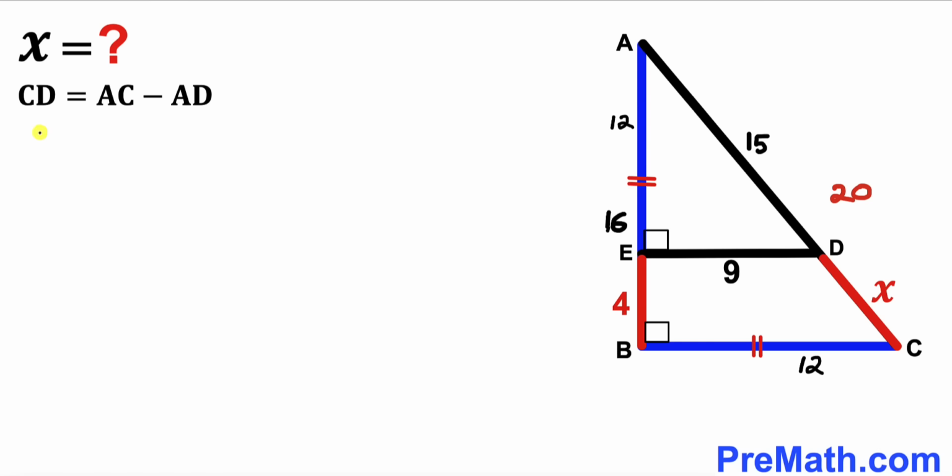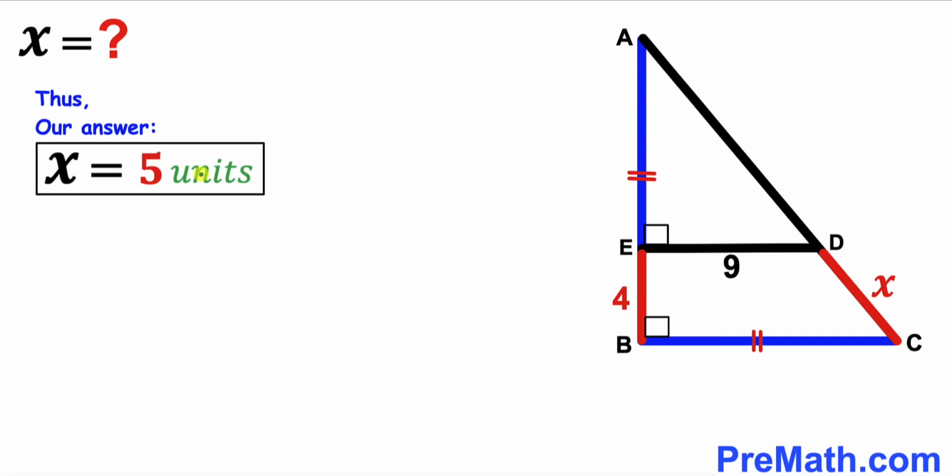So x equals 20 minus 15. Thus our x value turns out to be 5 units. And that's our final answer.